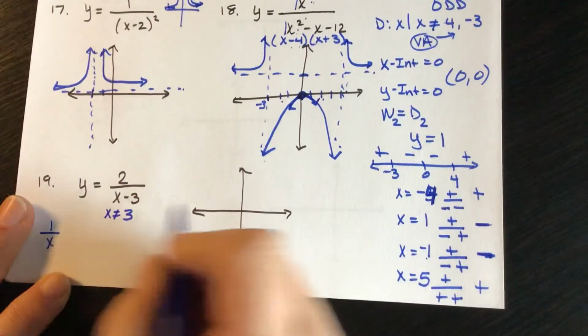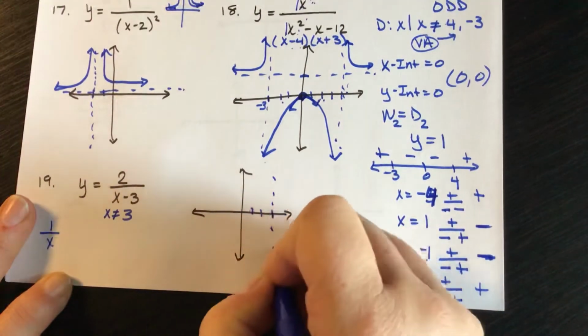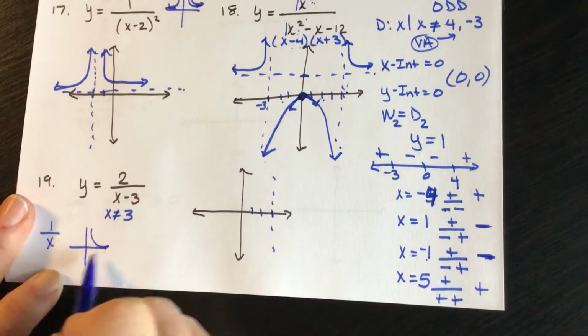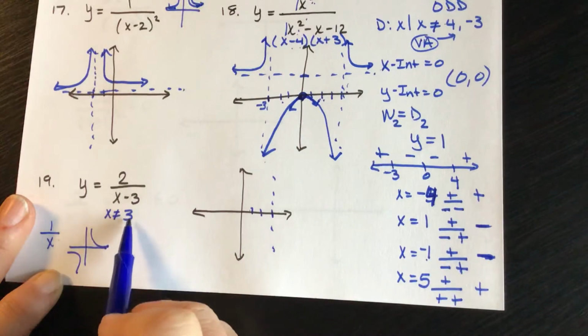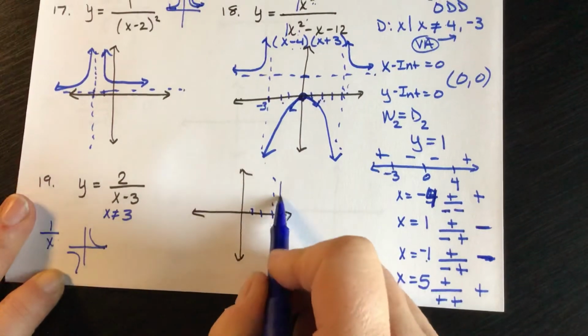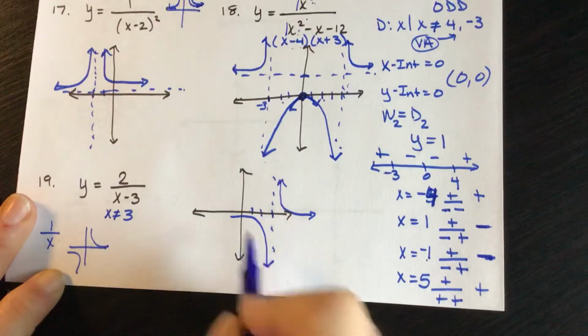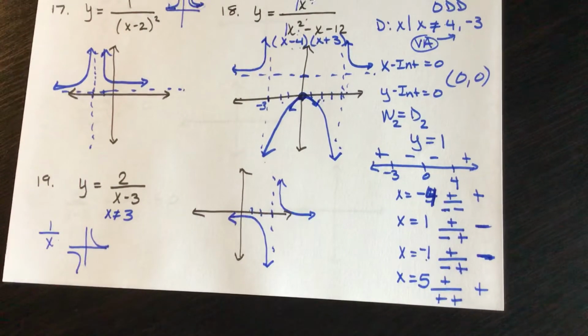So I have a vertical asymptote at 3. So a rational function that's 1 over x looks like this. And it's basically just shifted over 3 units to the right. So it would be like this on both sides of that asymptote.